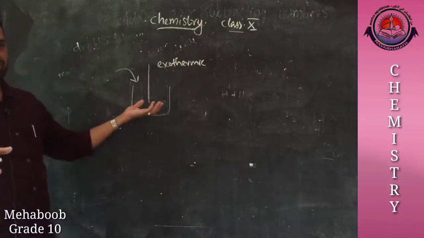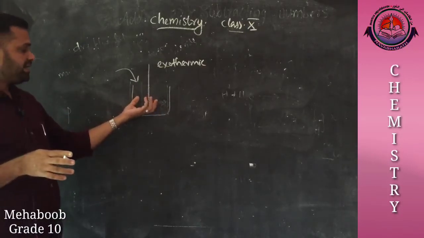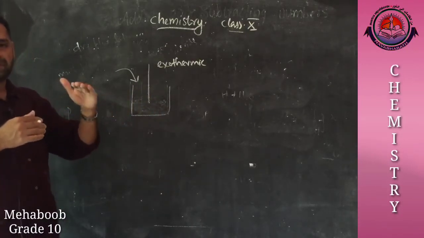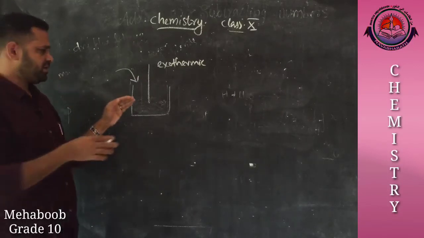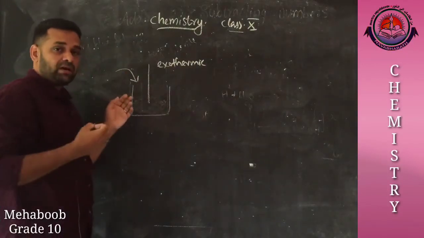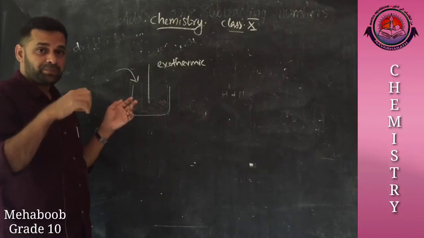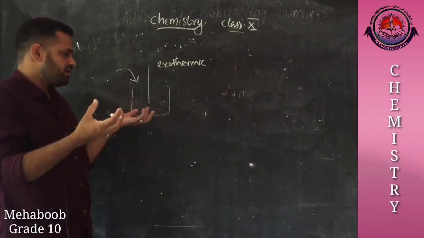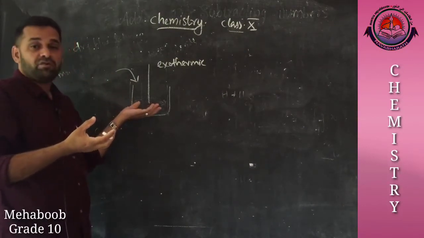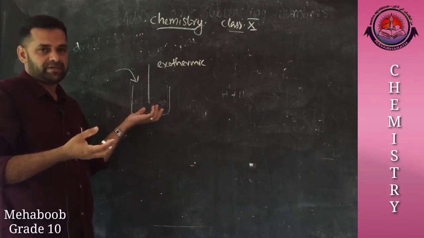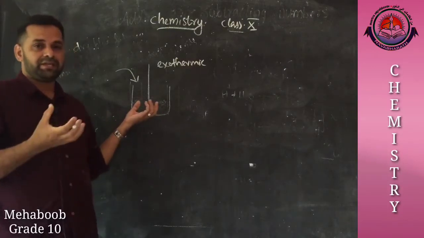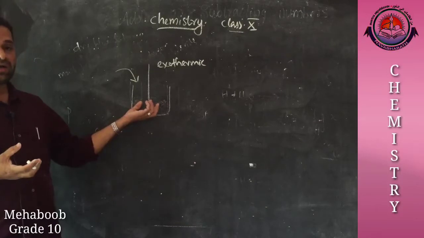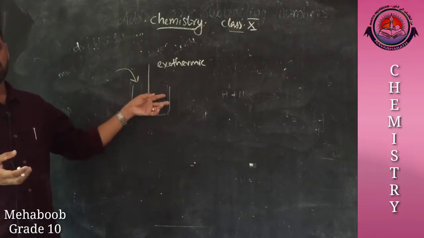While they are mixing, some heat energy is produced, and that heat energy is absorbed by the water. Water can absorb the evolved heat because water has a high specific heat capacity.